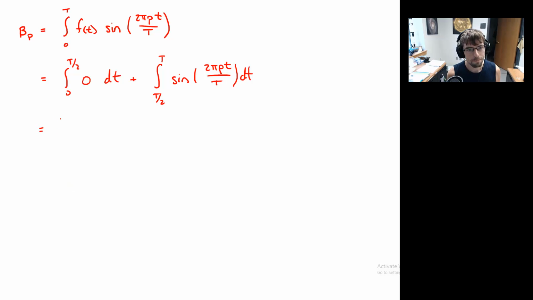Well, let's go at it. We get a T over 2 pi p. And here, we've got to think about that for a second. We get a negative cosine of 2 pi p t over T, evaluated at T over 2 to T.